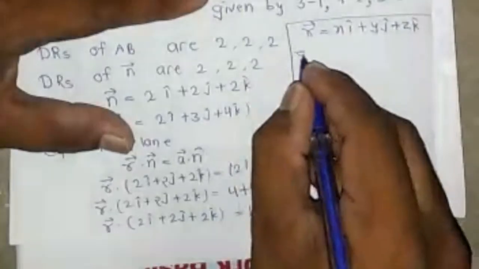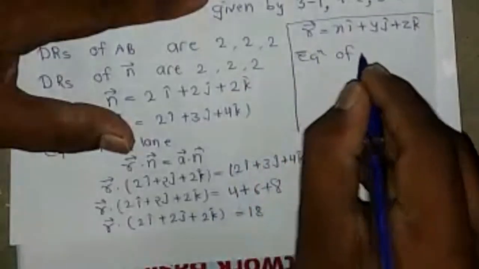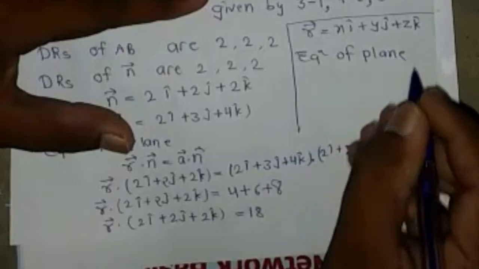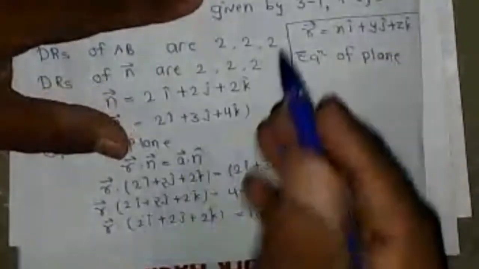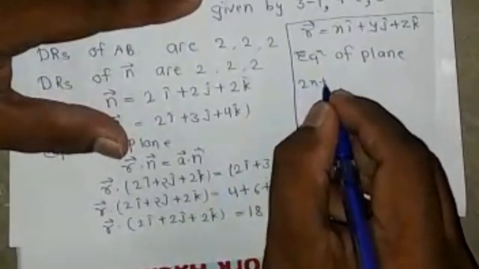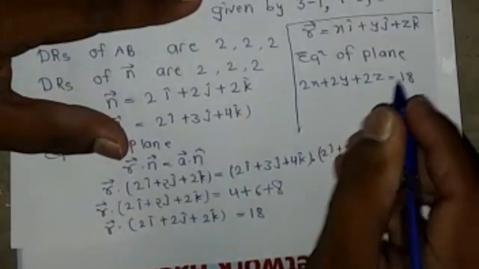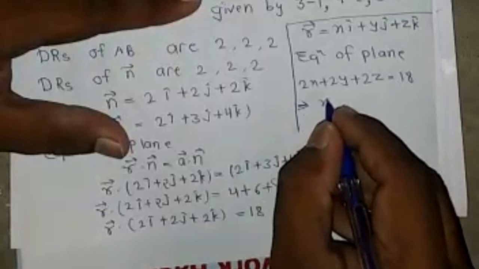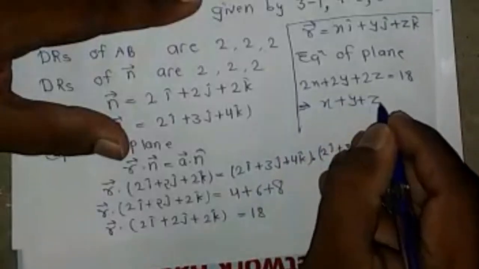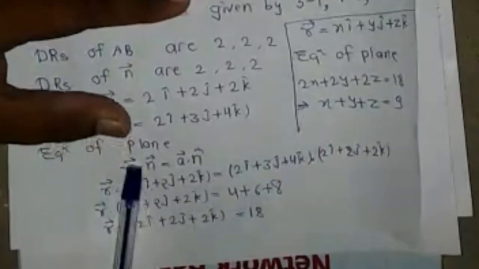Then the equation of the plane becomes 2x plus 2y plus 2z equal 18, and the equation of the plane is x plus y plus z equal 9, and it is the answer.